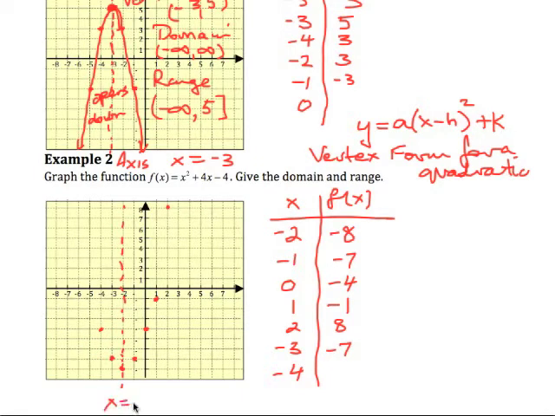Which will be x is equal to negative 2. The vertex here looks like it's going to be negative 2, negative 8. Okay, and so what we need to do is it was 1, 2, 3 here, so it's 1, 2, 3 here. And so we're now starting to get a picture here. Oops, a bit rough.